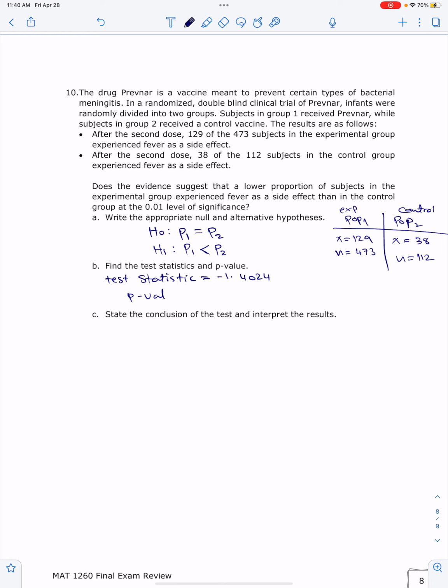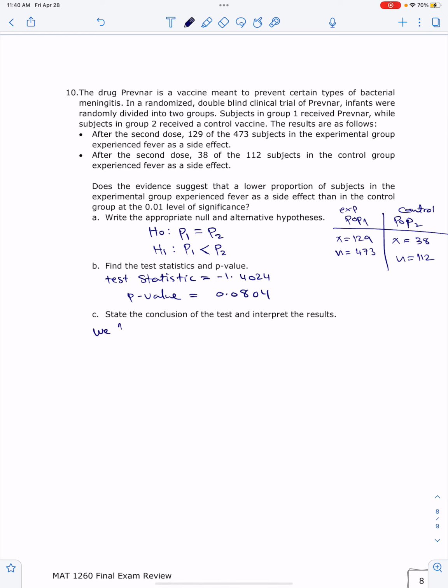The p-value is equal to 0.0804. The conclusion here, we failed to reject the null hypothesis. This means we don't have sufficient sample evidence to support the claim that a lower proportion of subjects in the experimental group experienced fever as a side effect than the control group. So that is our decision.